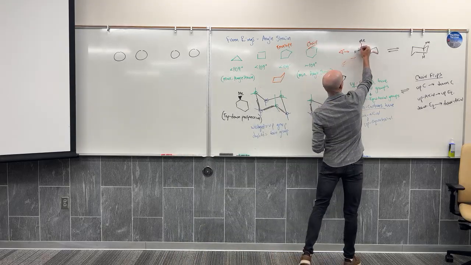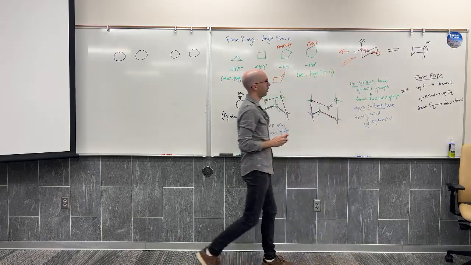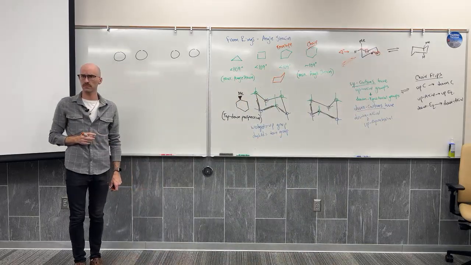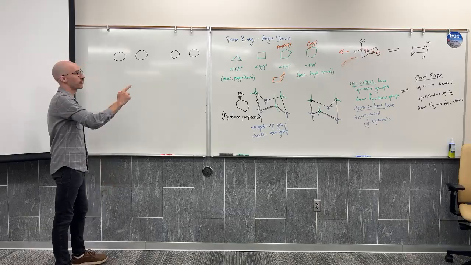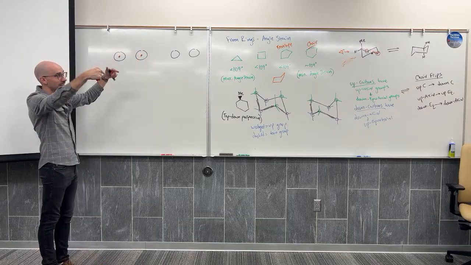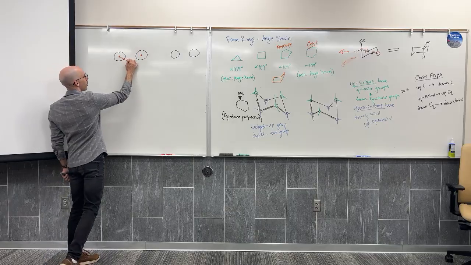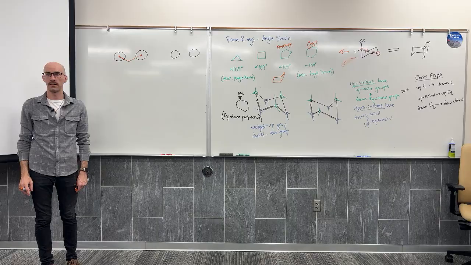Here is my front carbon, back carbon, back carbon. The front carbons are connected to each other by this down carbon. That's what you guys have already on your Newman projection.